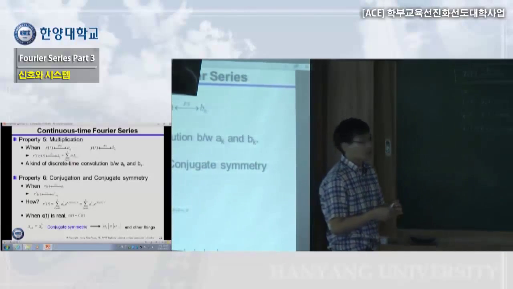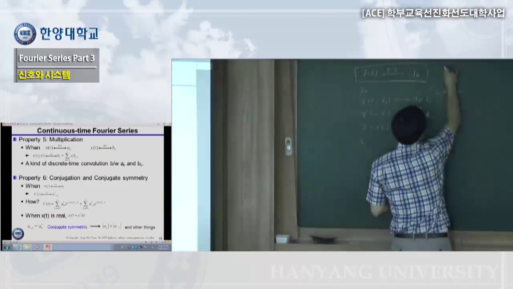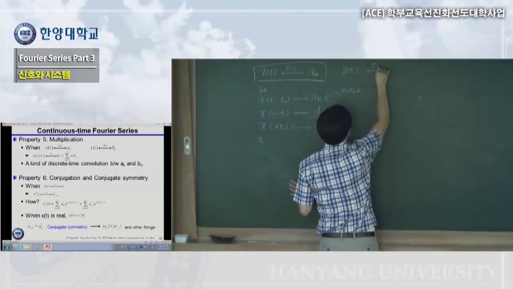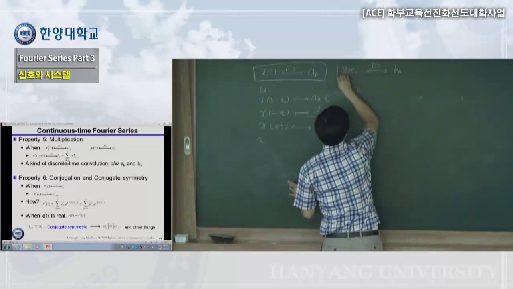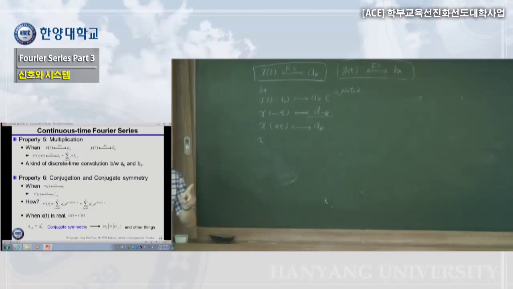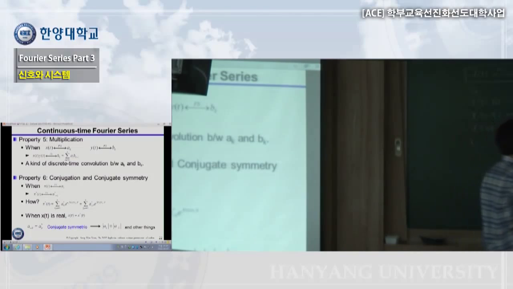What about multiplication? Say another assumption here is y of t. If you have y of t, their Fourier series coefficient is bk. This one is similar to the convolution. Remember that we briefly introduced that convolution in the time domain becomes multiplication in the frequency domain, and multiplication in the time domain becomes convolution in the frequency domain.